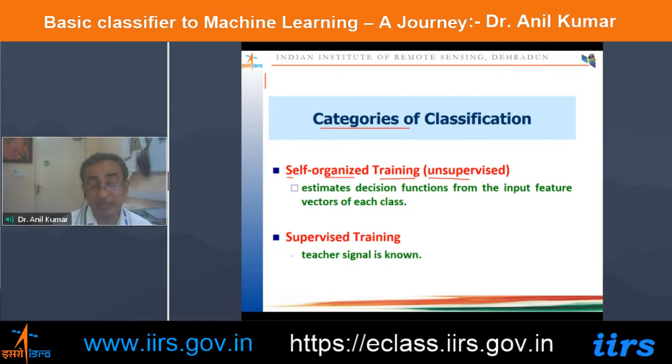But it is unsupervised. That means no training data is given, or no reference data is given. So the algorithm has just input data, and the algorithm requires some parameters to be initialized. Since there is no ground truth data, no training data, the algorithm assumes the parameters, and it has some iteration provision to be given: 10, 20, 30, 40, 100 times.